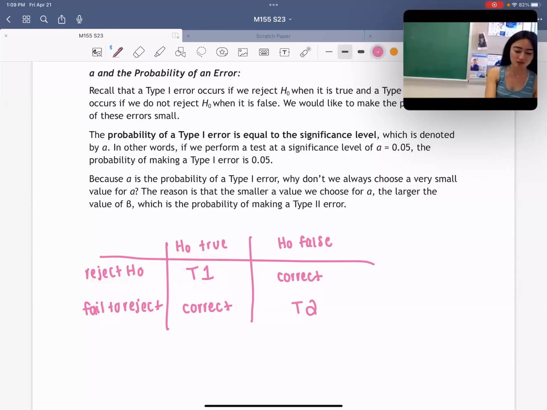Now, what is the probability of making a type 1 error? Well, that's alpha, okay? Alpha is the probability that you make a type 1 error. That's basically the definition of what alpha is. So whenever you're given a problem and it gives you what alpha is, you're really being told that we want to make sure that the probability of making a type 1 error is at most like 0.05 or 0.01, something like that.